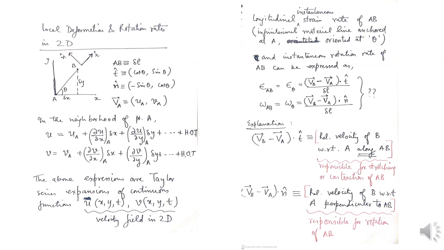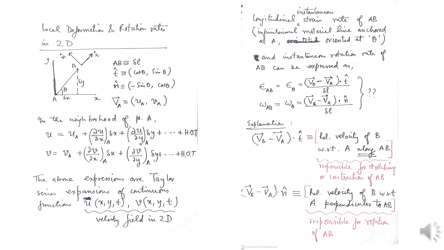The implication is that this is an instantaneous small tiny portion of a material line, and to keep matters general, I have shown that it is inclined at some angle theta with respect to the x direction.